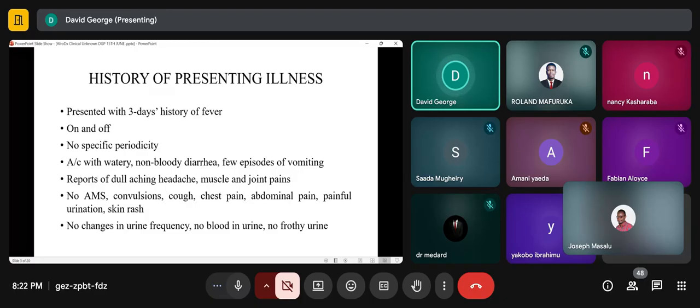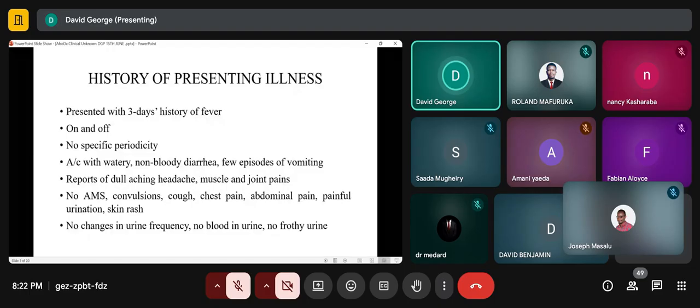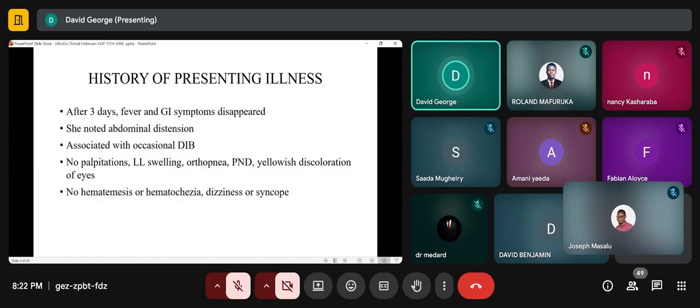It was associated with watery, non-bloody diarrhea and some episodes of vomiting. She reports a dull aching headache, muscle pains, as well as joint pains. But she denied altered mentation, convulsions, cough, chest pain, abdominal pain, painful urination, skin rash. There were no changes in urinary frequency, no hematuria, no froth urine.